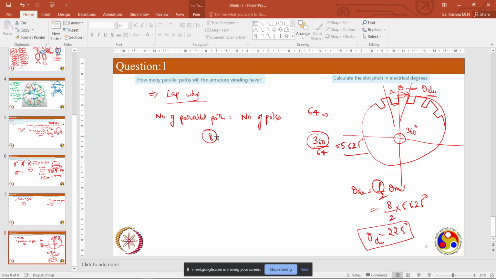At this point you should be very clear on what a slot pitch is, what a coil span is, what a parallel path is, what full pitch is, what slots per pole means, what a coil is, what a coil side is, what double layer winding is, and what single layer winding is. If you are clear on these, the concepts we will discuss in further weeks will be very easy for you.